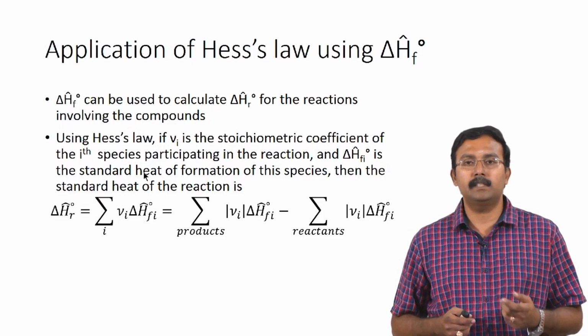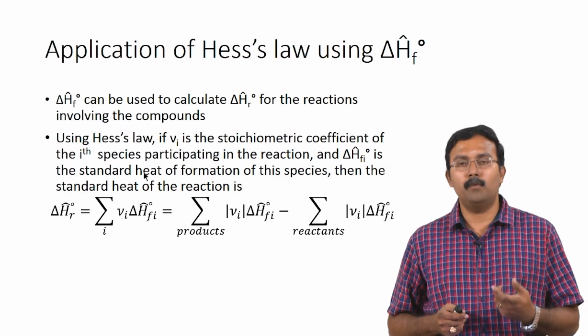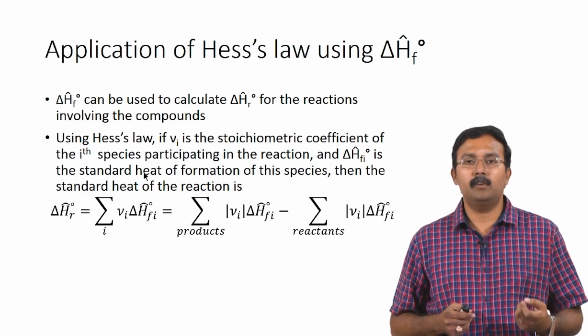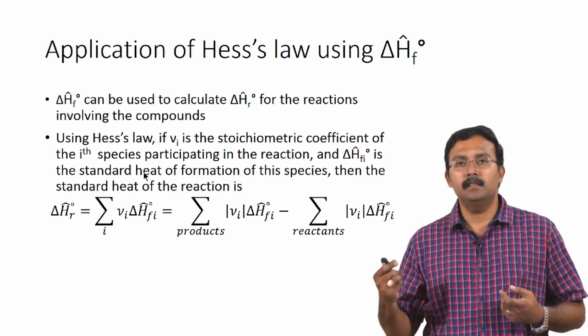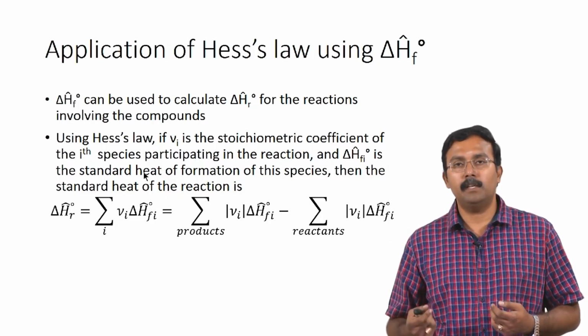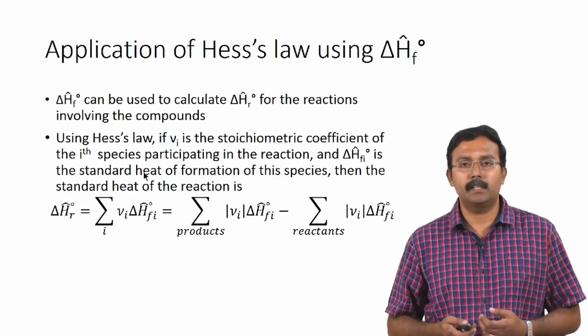First you find the sum of the stoichiometric coefficient times heat of formation of the products, and subtract the sum of the stoichiometric coefficients times heat of formation of the reactants, and you will finally get the heat of reaction.